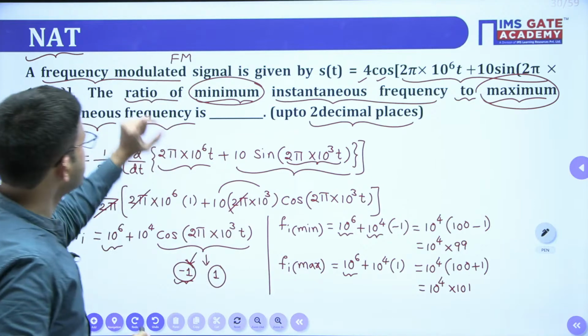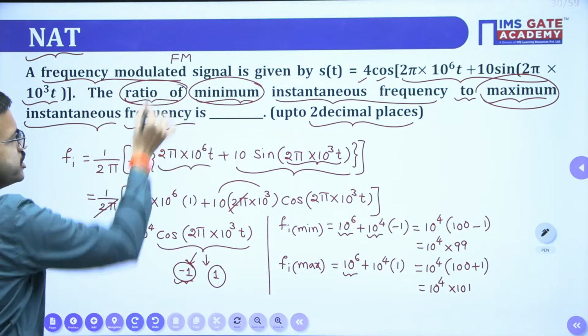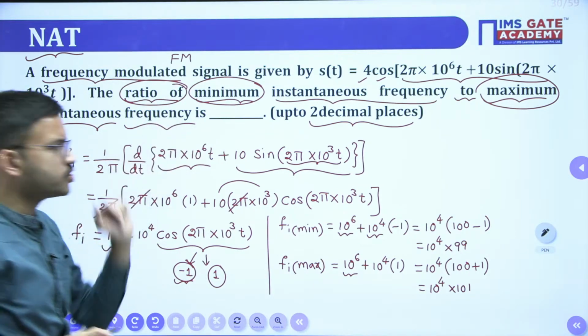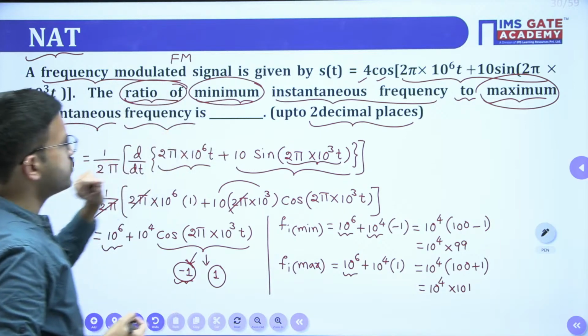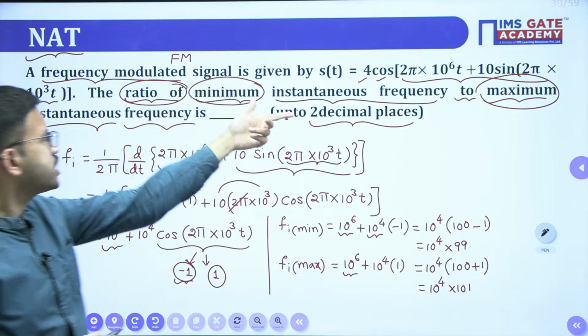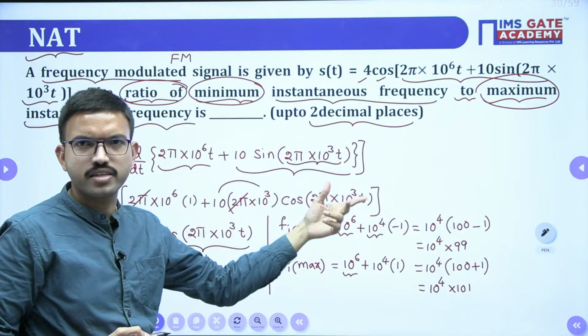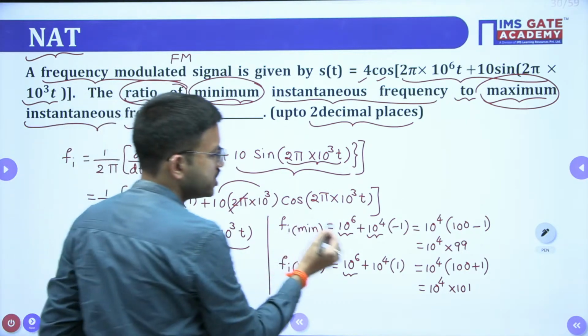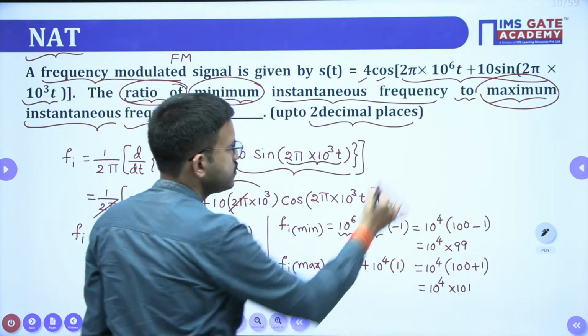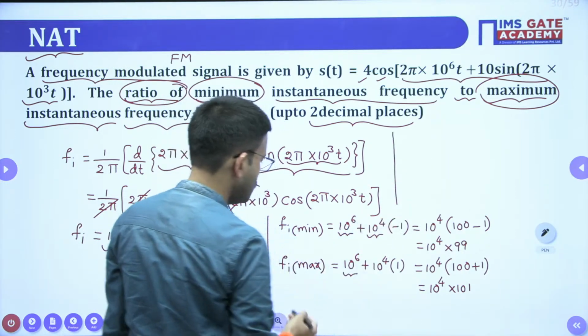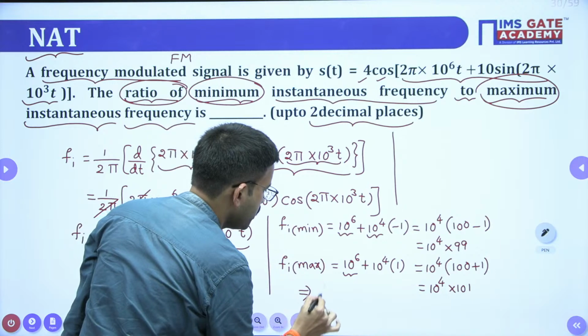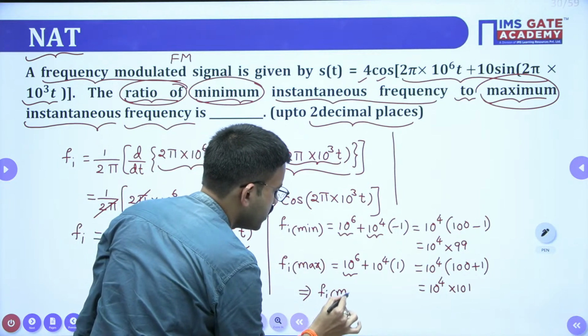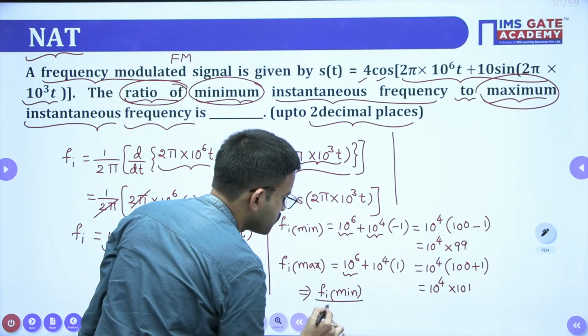Now the question is, you have to calculate the ratio of these two. You have to read the question carefully. If they ask maximum to minimum, then you will get another answer, but here the question is regarding minimum to maximum. So just take the ratio of these two: Fi minimum divided by Fi maximum.